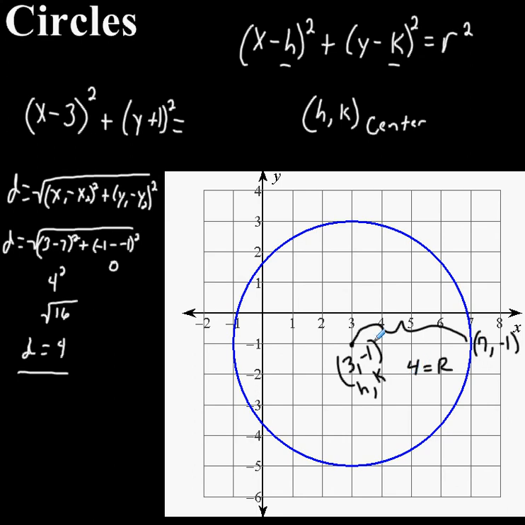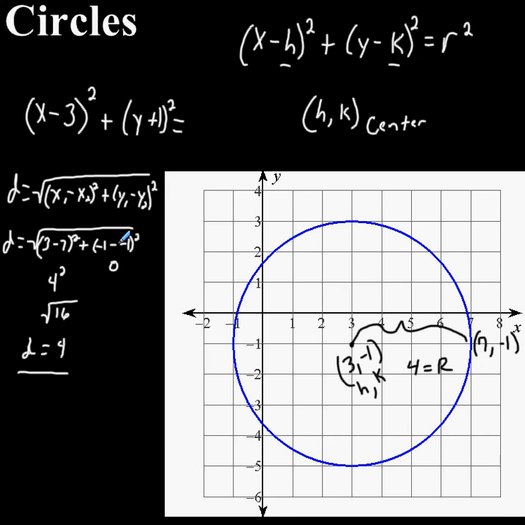Now, yes, I know you're thinking, why don't we just count the blocks? Well, you can in most instances, but there may be situations where you don't have that availability. And here's where the distance formula comes in. And this is just one way that I could provide that information to you.